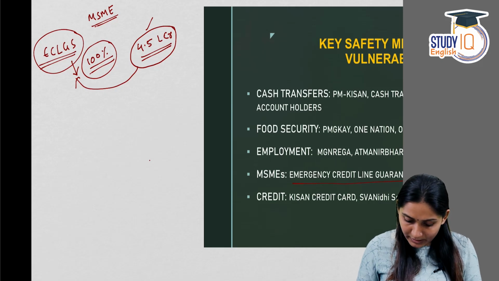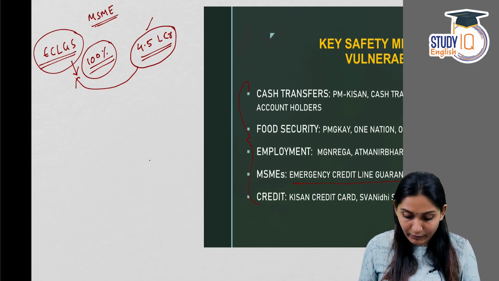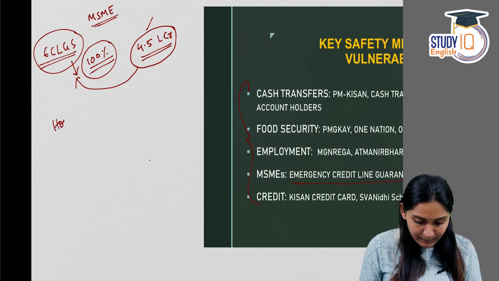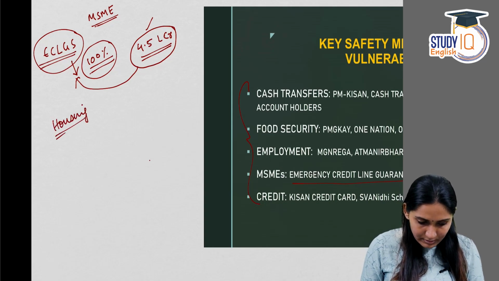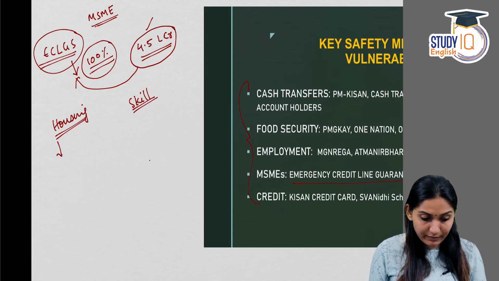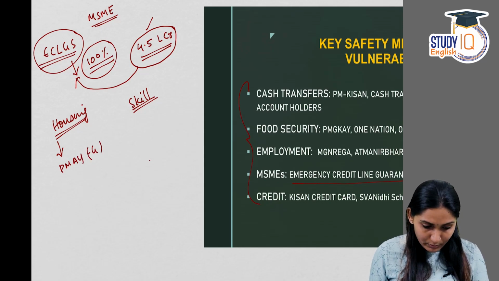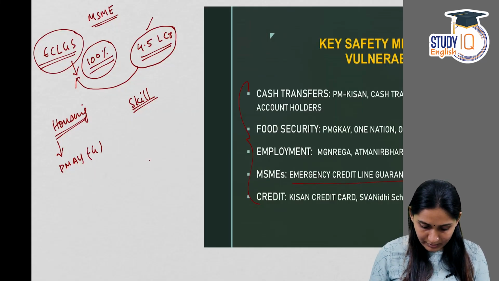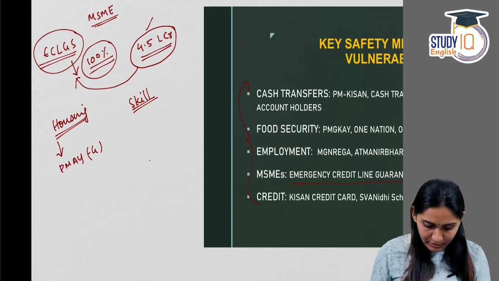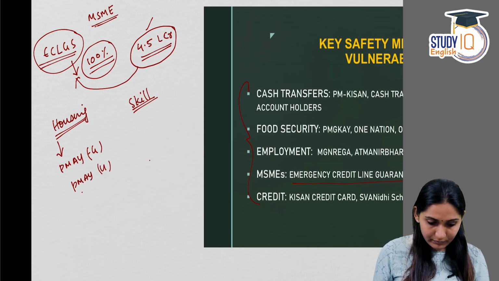Now, apart from these major segments like cash transfer, food security, employment and MSME credit, there were also other sub-segments like housing and skill development. For the housing sector, the already existing Pradhan Mantri Awas Yojana Gramin was revamped, and the same with regard to Pradhan Mantri Awas Yojana Urban.